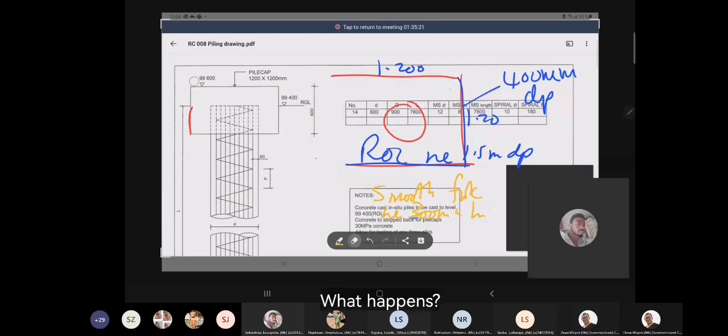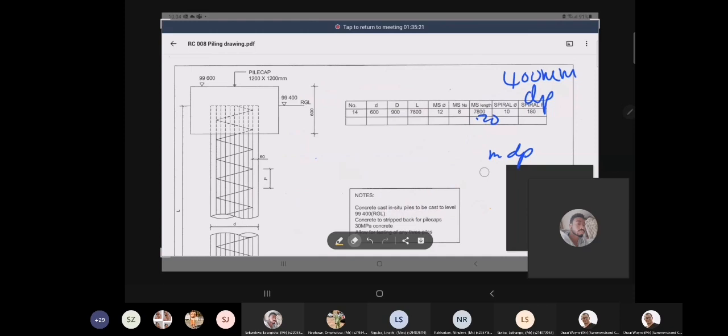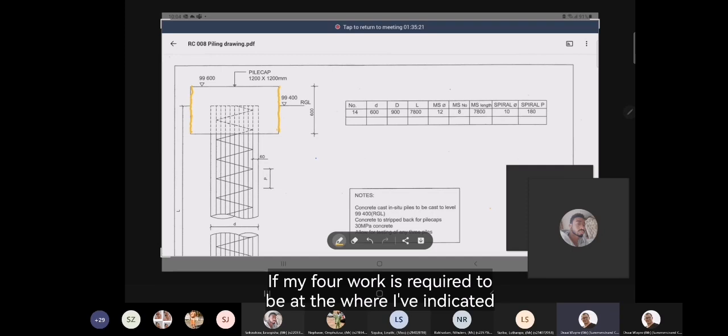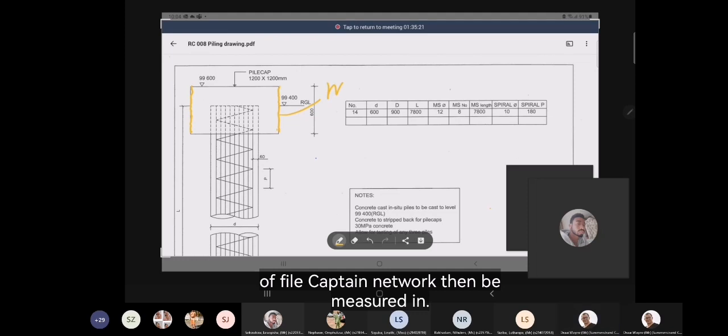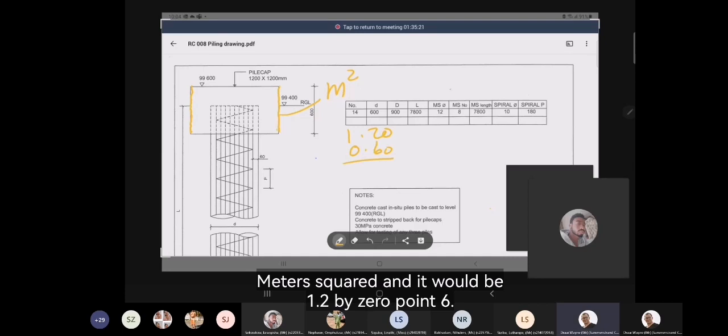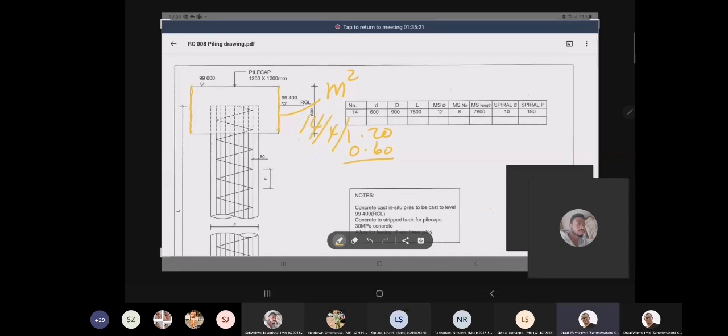What happens if my formwork is required to be over there? If my formwork is required to be where I've indicated in yellow, my dimensions would therefore then be smooth formwork to size of pile caps, and that would then be measured in meters squared, and it would be 1.2 by 0.6 times 14.